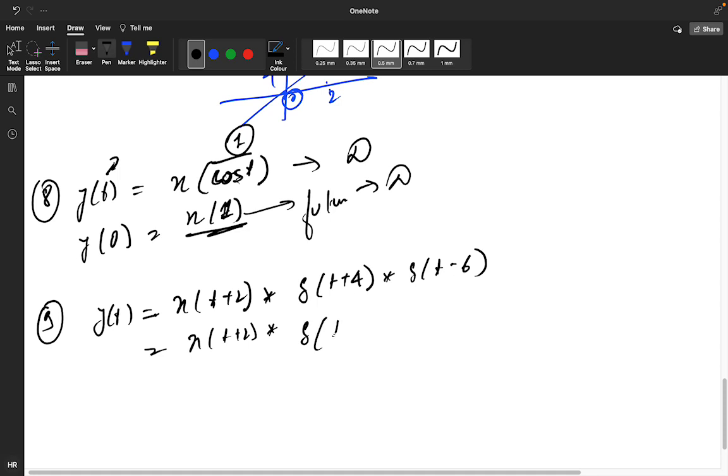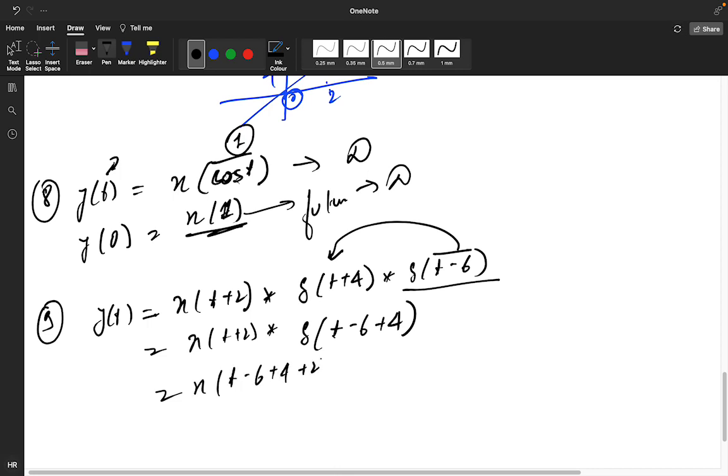So we can write t minus 6 plus 4, replacing it here, and we do the same for this also: x of t minus 6 plus 4 plus 2. So what are you getting? 6 minus 6, so you get x of t. So what is this? This is static. Yes, it's static. It's not dynamic.